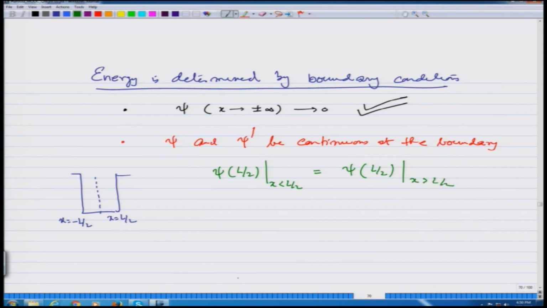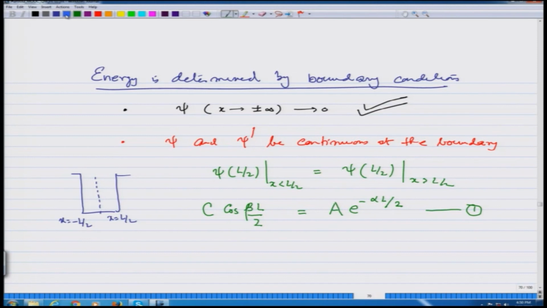Let us put those functions in. So, I am going to have C cosine of beta L by 2 is equal to A e raised to minus alpha L by 2. That is my equation number 1.